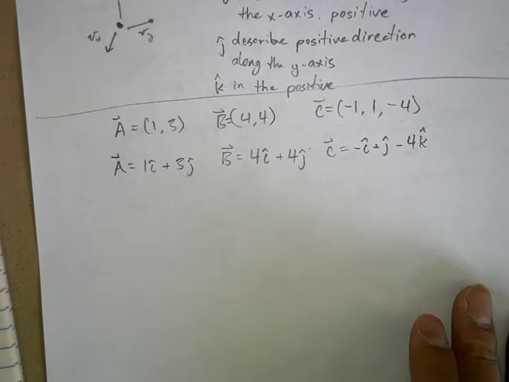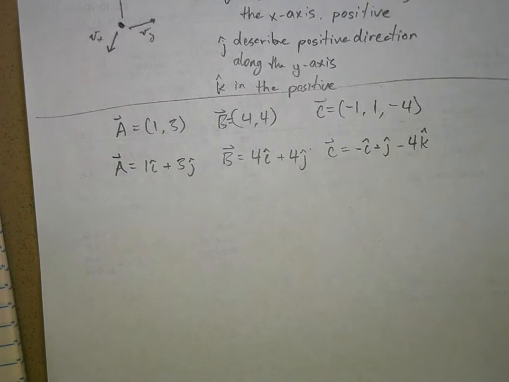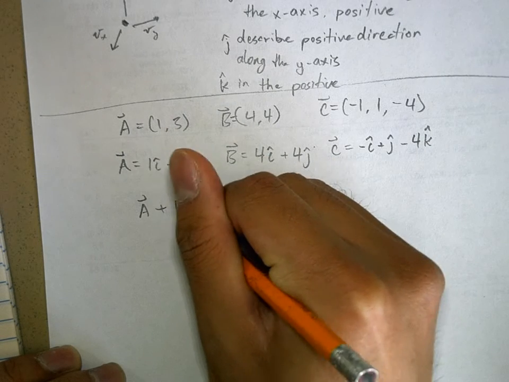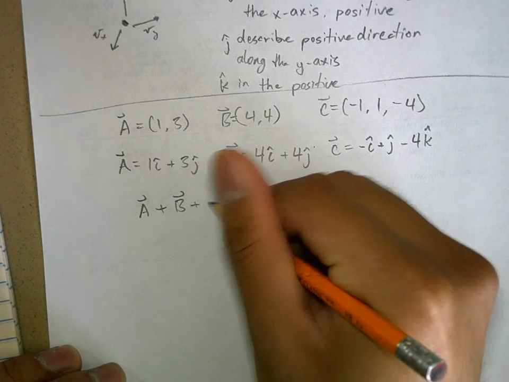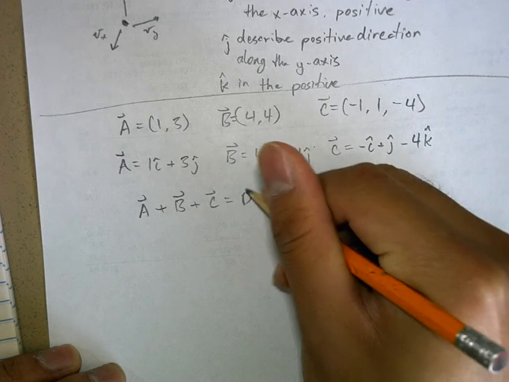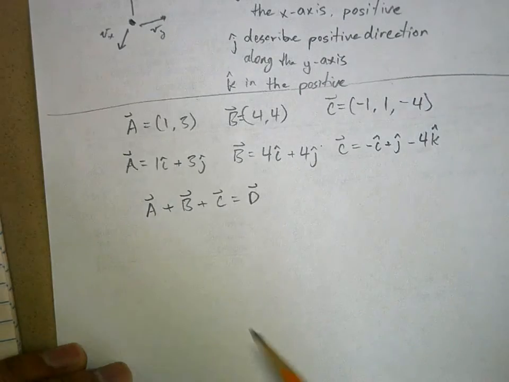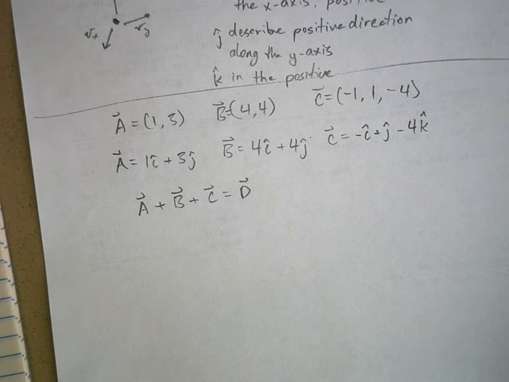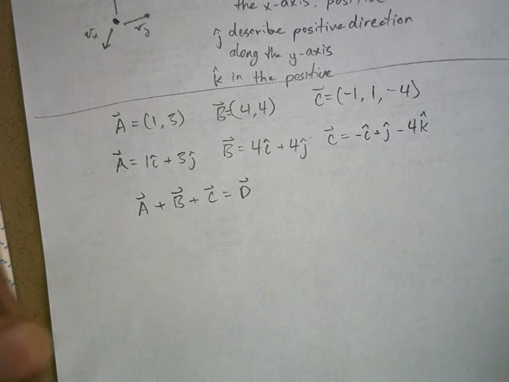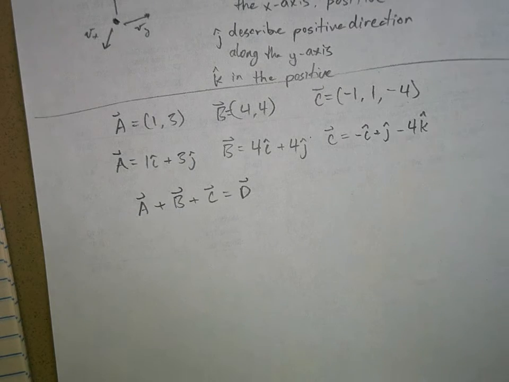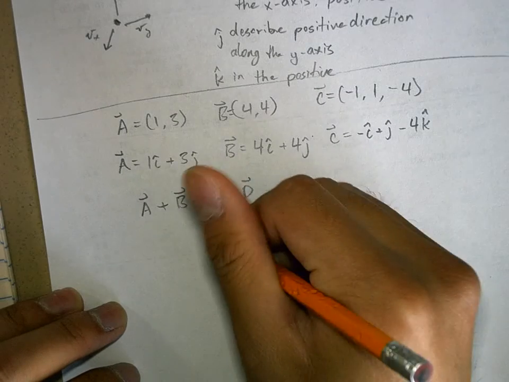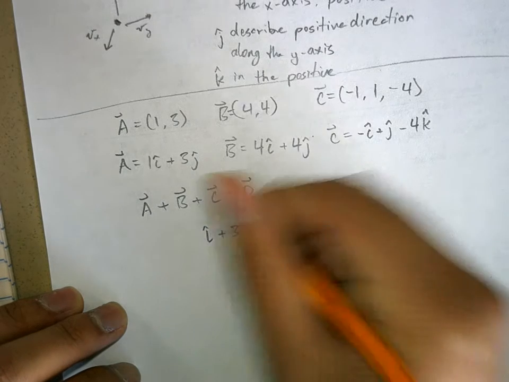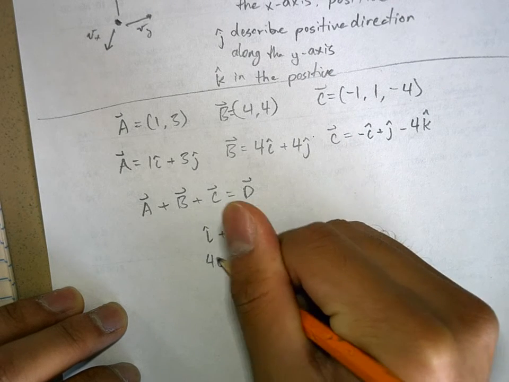Let's add these vectors. Vector A plus vector B plus vector C, and we'll make a new vector D. It's simple addition: all you have to do is add corresponding components together. For A, I have i hat plus 3j. For B, you have 4i plus 4j.